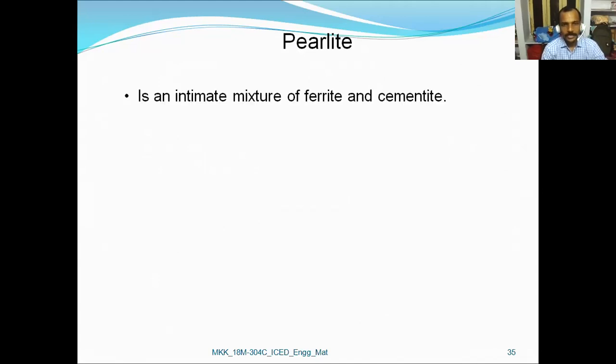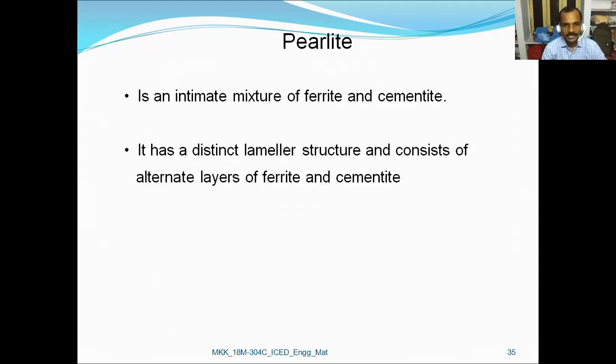It is an intimate mixture of ferrite and cementite. The ferrite and cementite combination is known as perlite, and it has a distinct lamellar structure, consisting of alternate layers of ferrite and cementite.